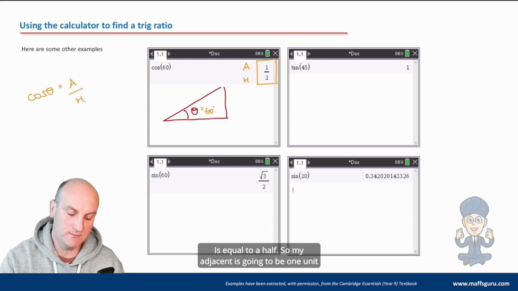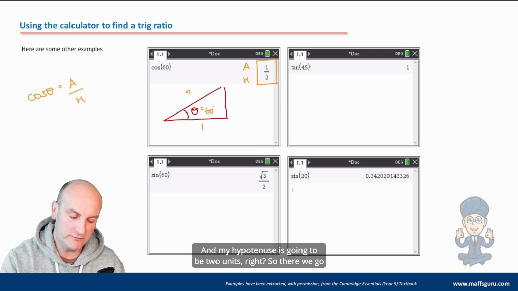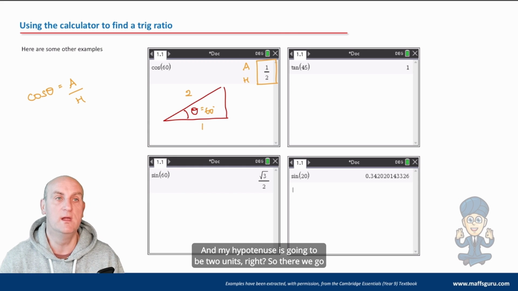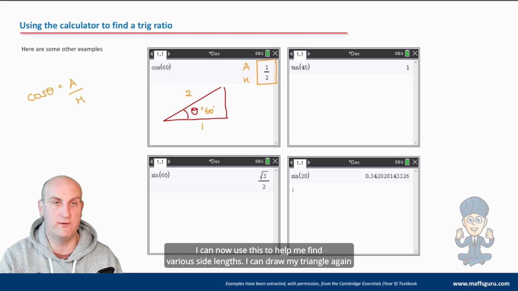So my adjacent is going to be 1 unit and my hypotenuse is going to be 2 units, right? So there we go. I can now use this to help me find various side lengths.